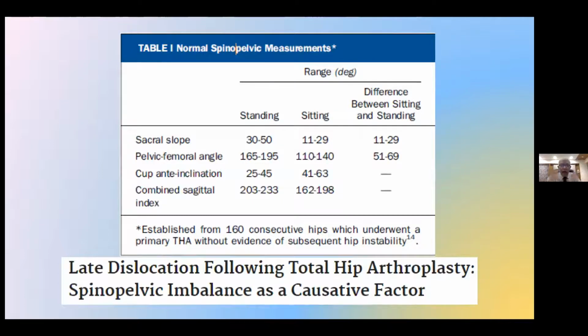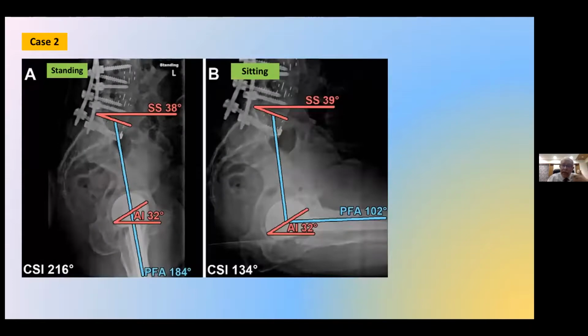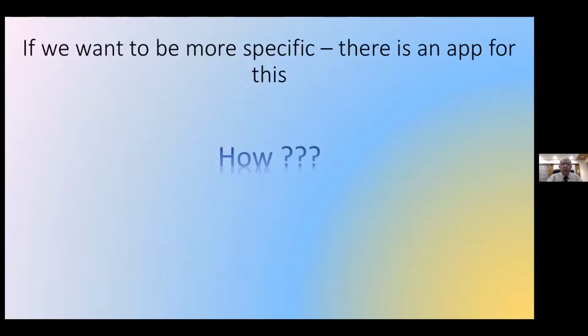And if you're out of that, then probably you're likely to dislocate. So these are the cases which suggest that by this measurement, you can predict that after 1 year, your hip is likely to dislocate either in a sitting position or in a standing position, anterior dislocation or a posterior dislocation. That can be predicted also.